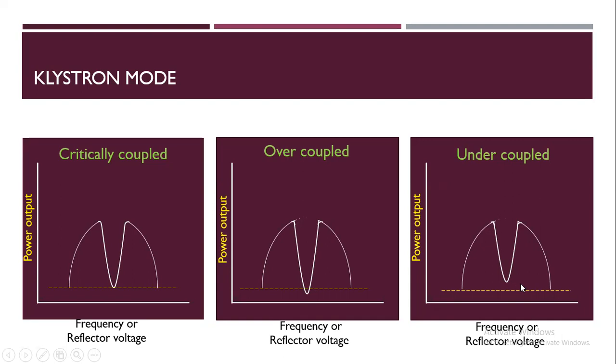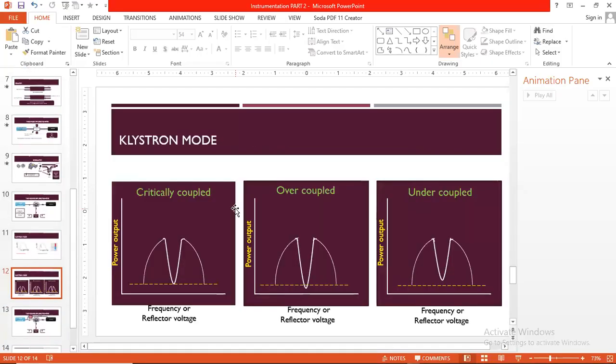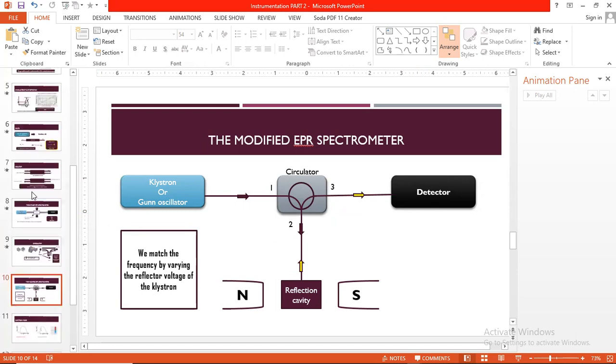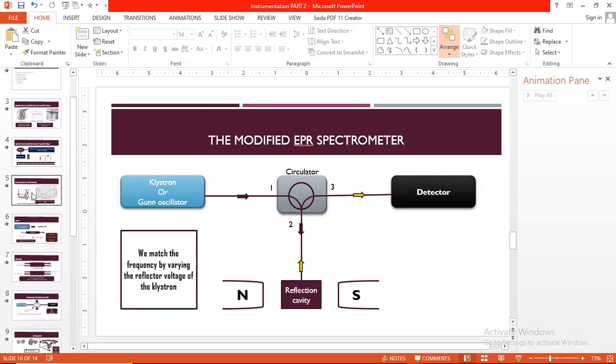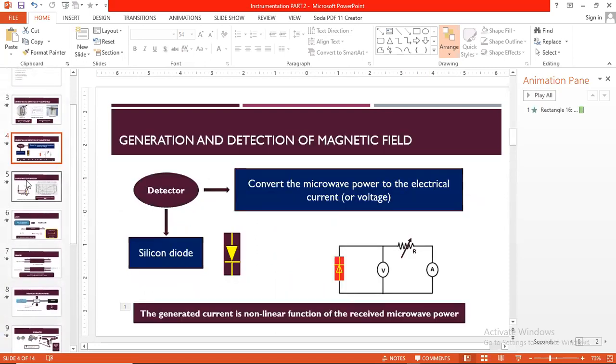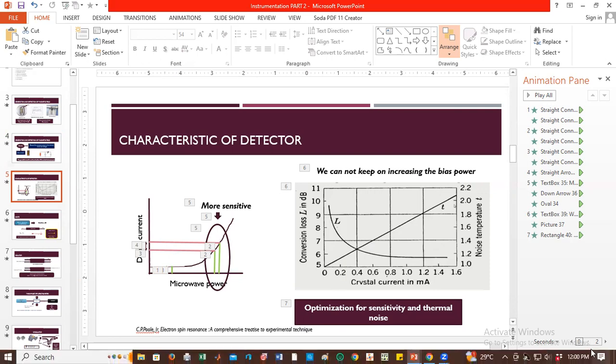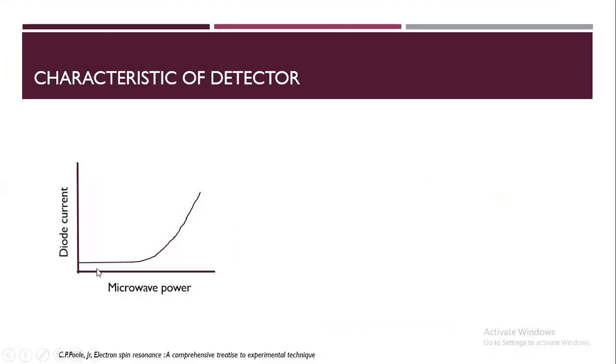One thing is important in this case also. When we are detecting the signal, in this case, we have seen that when we have a very low microwave power, in this range, the sensitivity is very less.